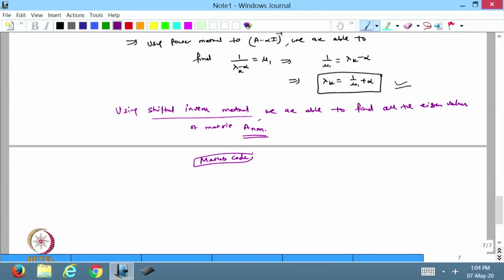So, I think now we should stop here. Today we have discussed, continuing with the power method, the inverse power method, and the last one is the shifted inverse power method. Using the shifted inverse power method we are able to find all the eigenvalues of the given matrix.